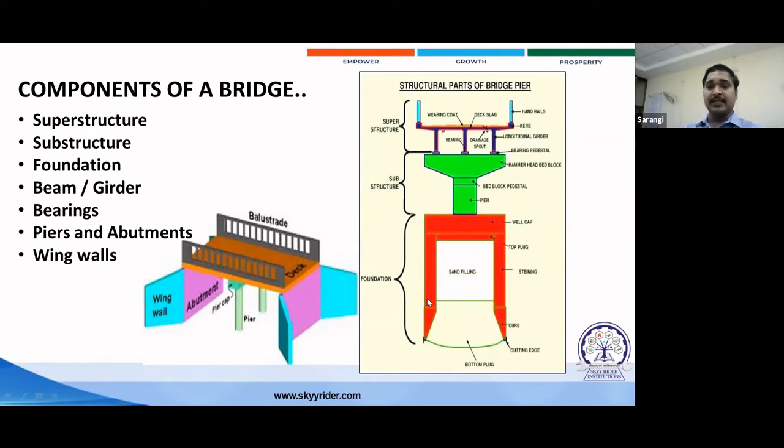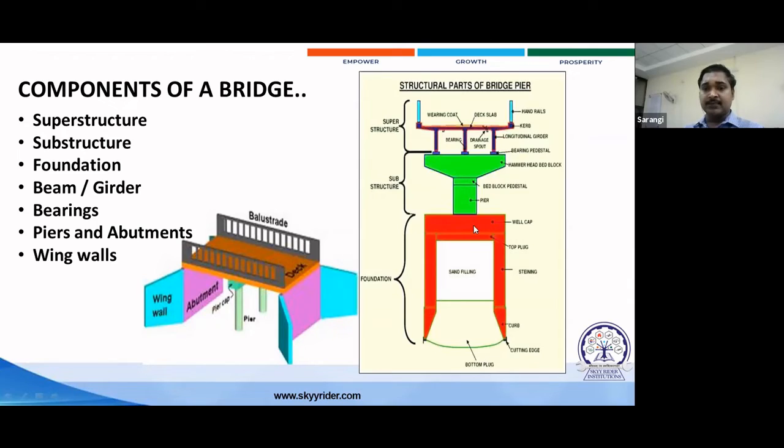Similarly, in the case of bridges constructed over rivers, where the soil is sand, which has less bearing capacity compared to other soil, the foundation will generally be constructed as a well foundation.